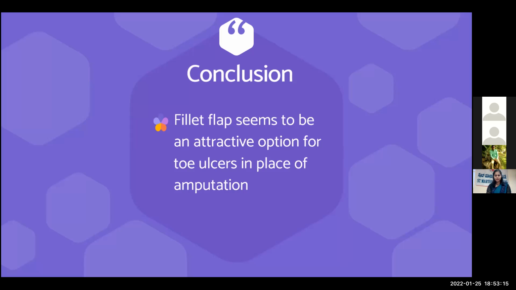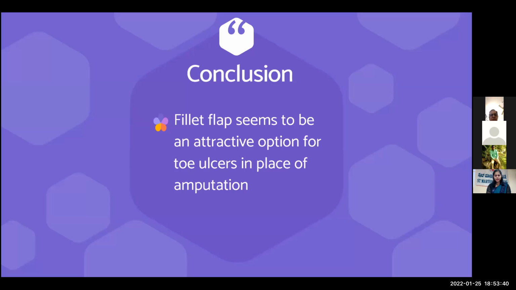Sorry, sir. No, because you put up a paper and you're propagating the fillet flap, so you should have a particular criteria that for this case I will do a fillet flap and for this case I will not, where the risk of infection is more or something of that sort. Or do you choose randomly?